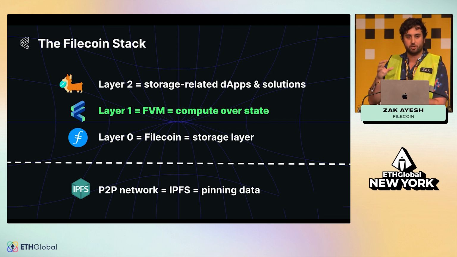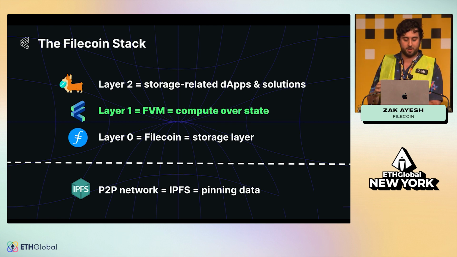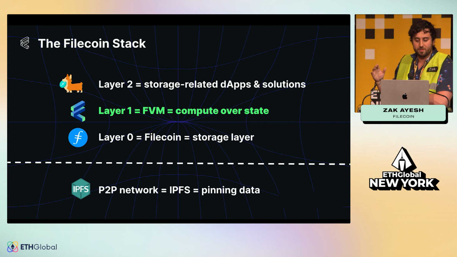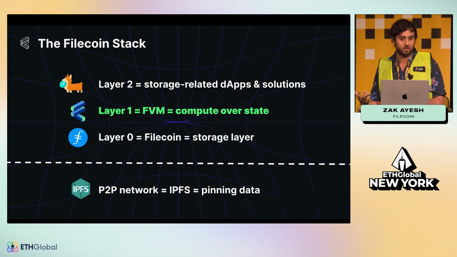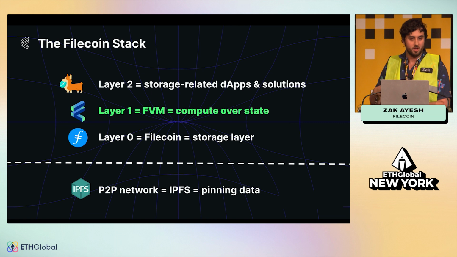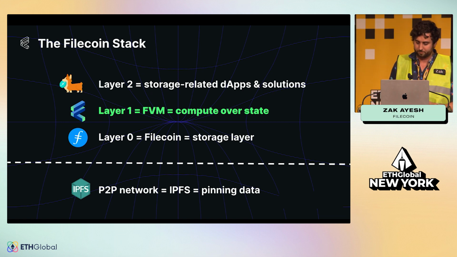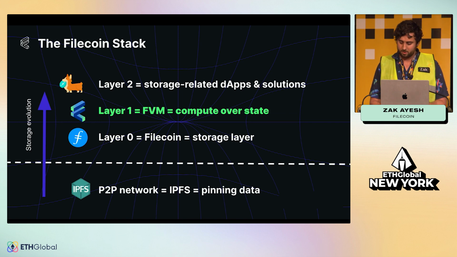The virtual machine lives in the Filecoin blockchain, and all the storage providers run it. And you can think of layer 2 as any storage-related dApps and solutions built on top of the Filecoin blockchain, including what other chains call layer 2. So other blockchains could plug in to the Filecoin blockchain to help it scale, right?